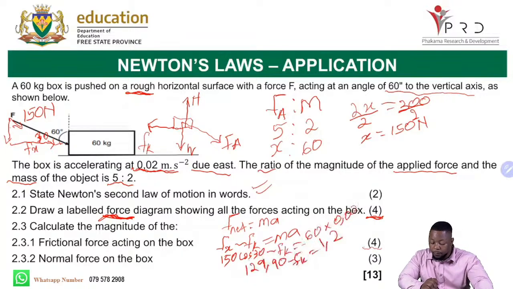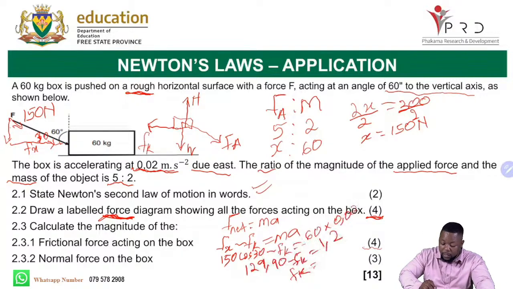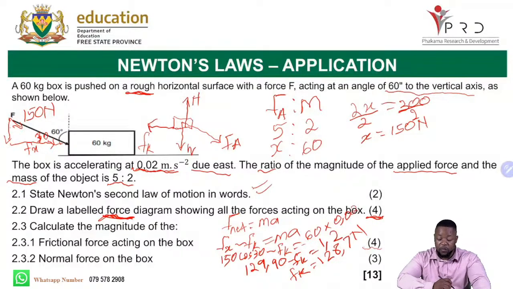Now we need to transpose Fk. We take it to the right, and it becomes positive. Then we take the 1.2 to the left, and it becomes negative on the other side. If we subtract them, we see that our frictional force is 128.7 newtons. Now we are going to provide solutions that are written nicely.